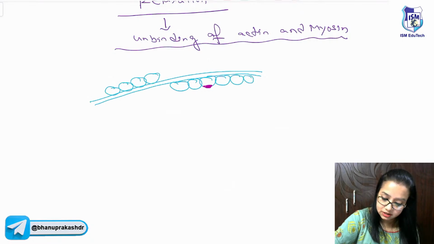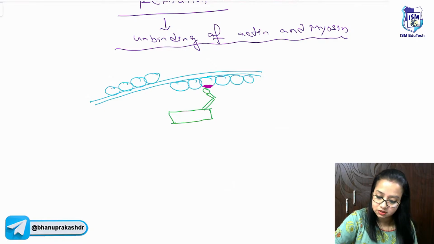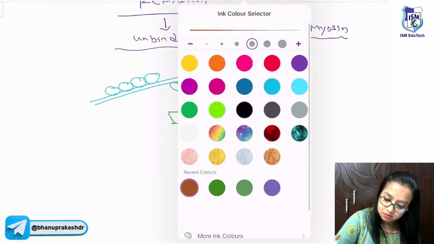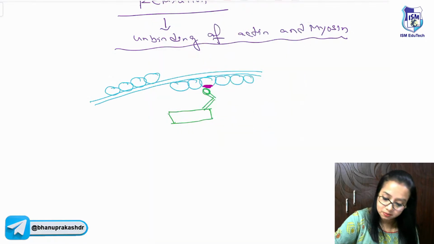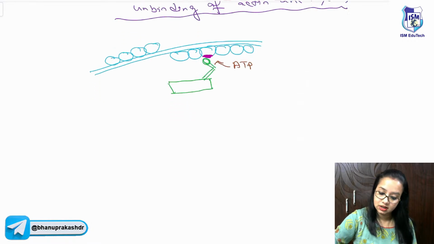If this is the binding site and this is how the myosin is, that is the actomyosin complex. Now, one ATP molecule will go and bind on the myosin head.